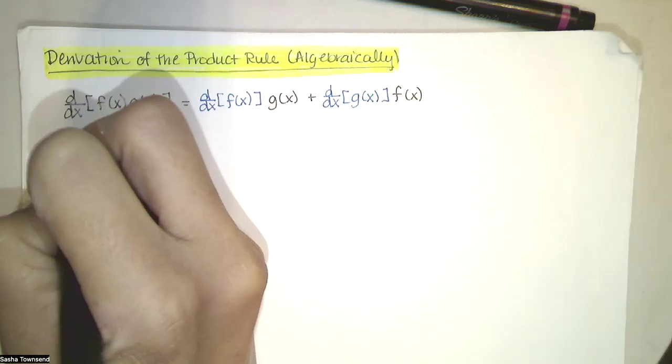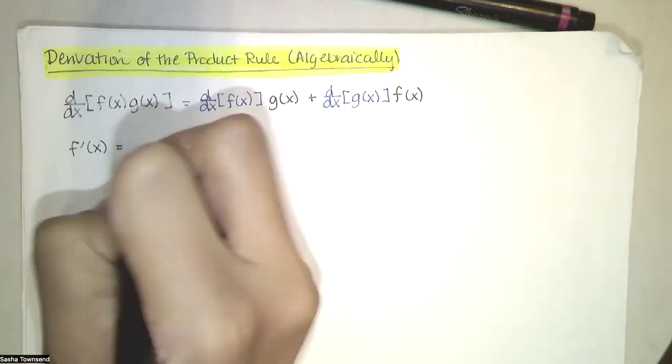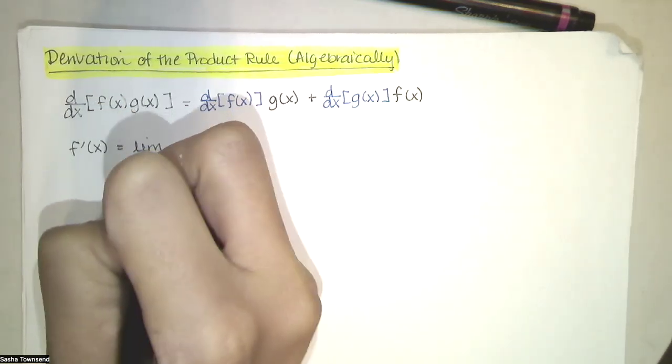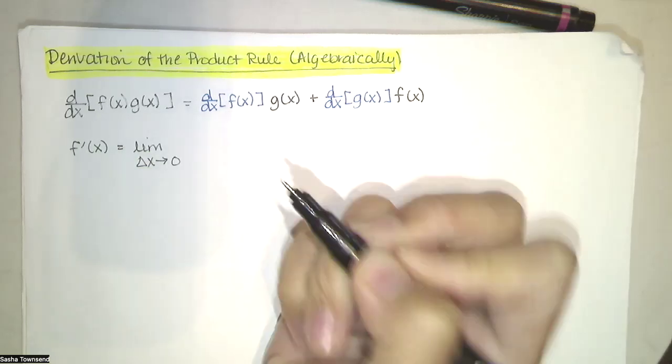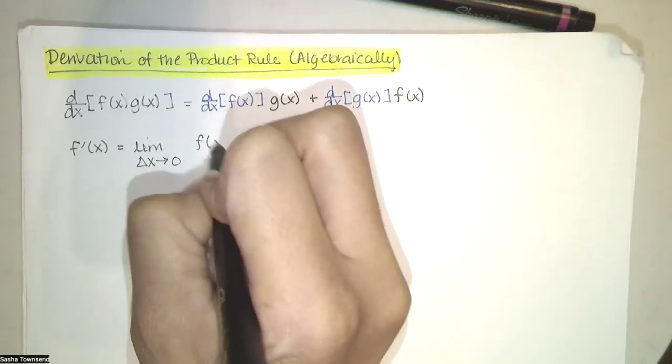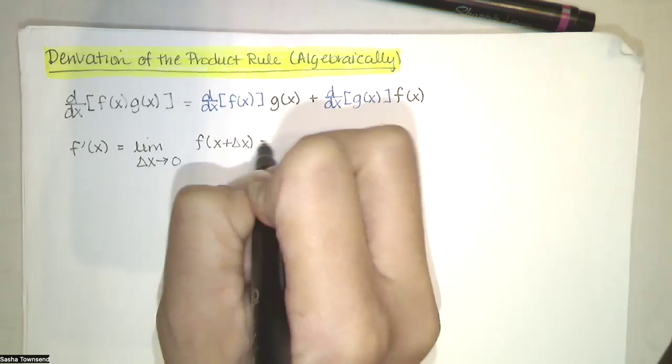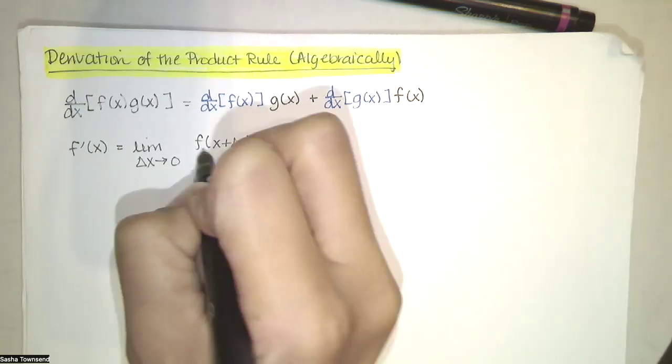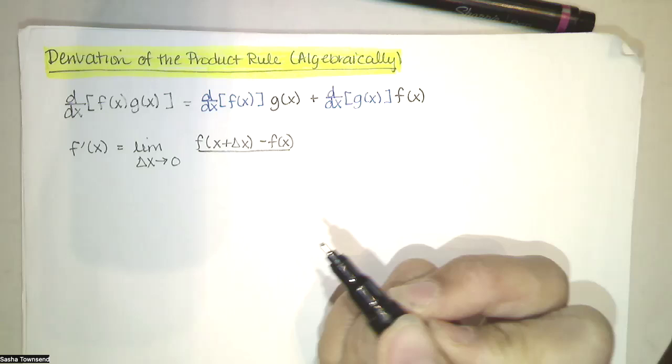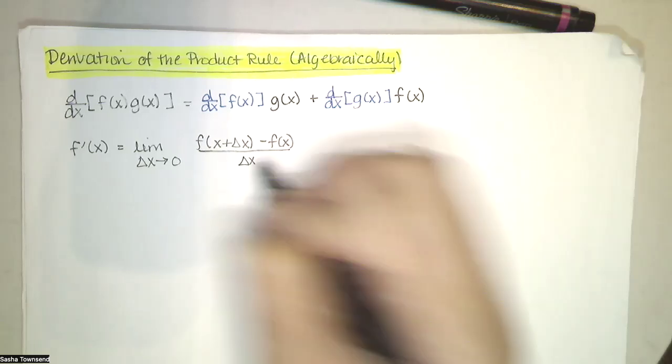And remember that the derivative of a function in general is the limit as delta x approaches 0 of f at x plus delta x minus f of x. That's just a change in y on that graph divided by delta x.